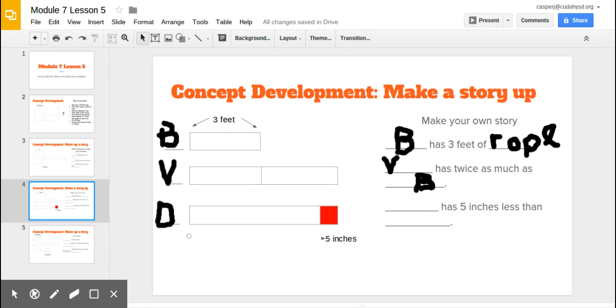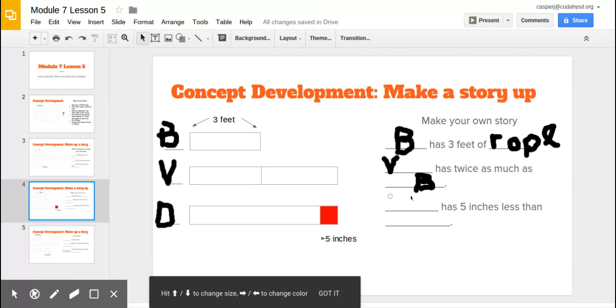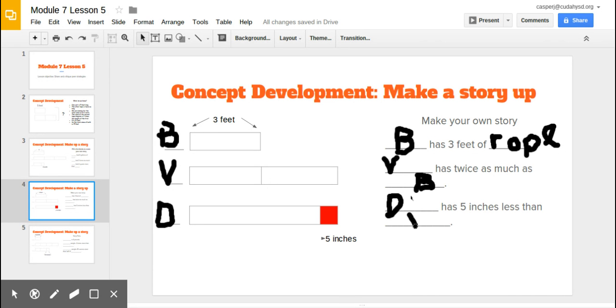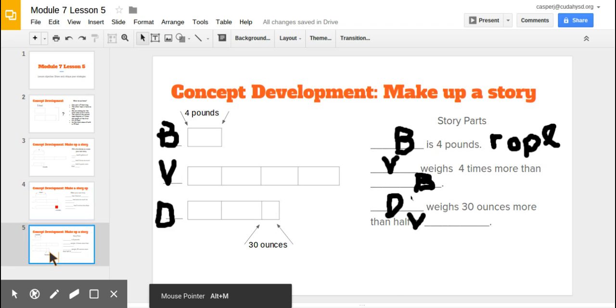And Debbie, D for Debbie, has 5 inches less rope than Veronica. Again, you can see how I'm filling in the names and the amounts are right here already given. One last problem like this, and we'll go on here.